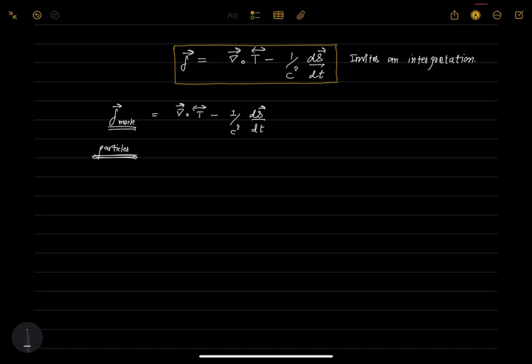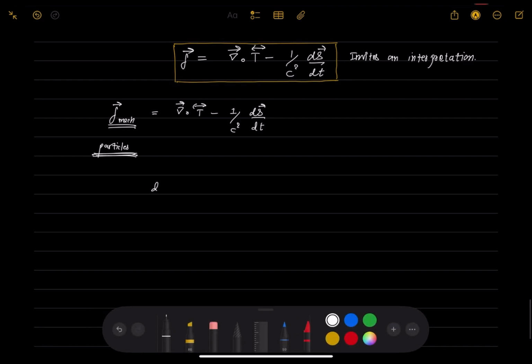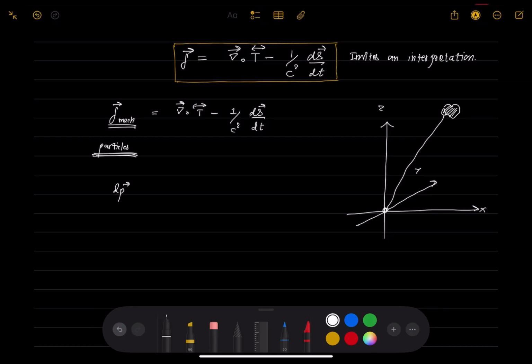So what this means is that for a particular volume in space, let me draw the axes quickly, we've got a certain volume. The rate at which momentum changes in that volume, in fact, it's momentum density that we're talking about.